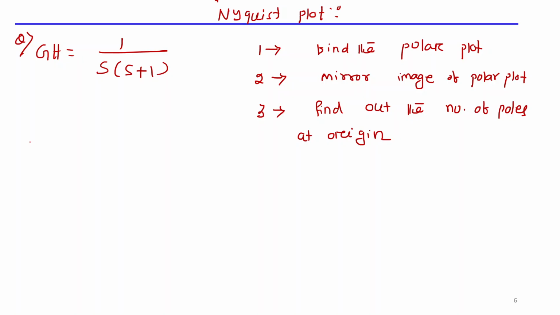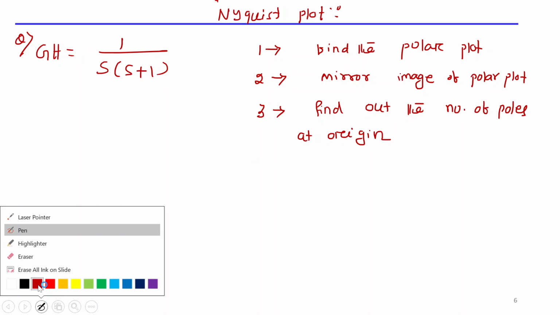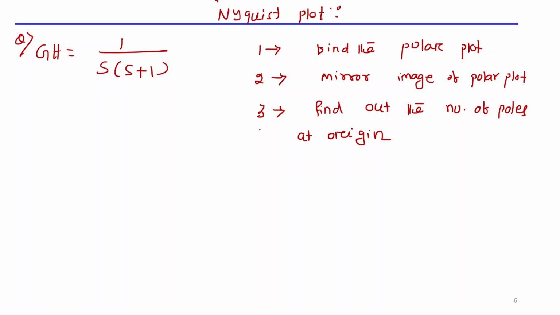Remember, I'm writing one line. Number of poles, let me write in heading. This is point 1, this is point 2, point 3. This is the extension of point 3.